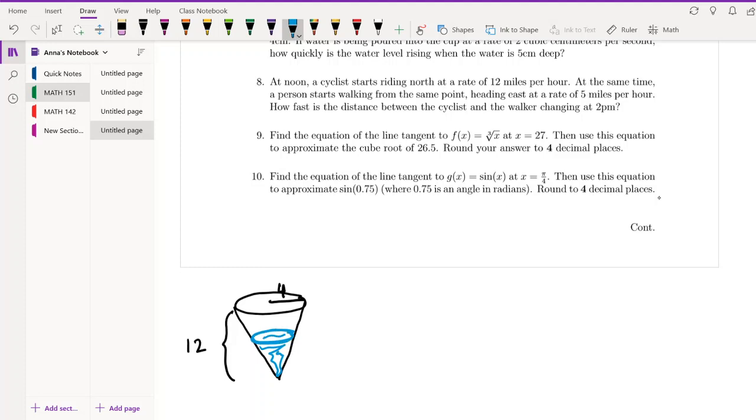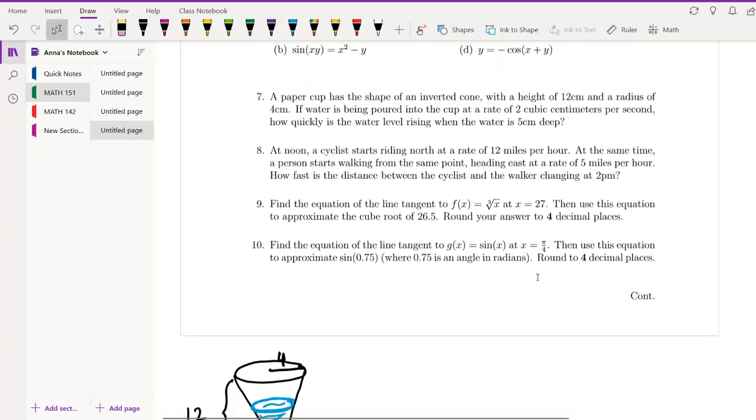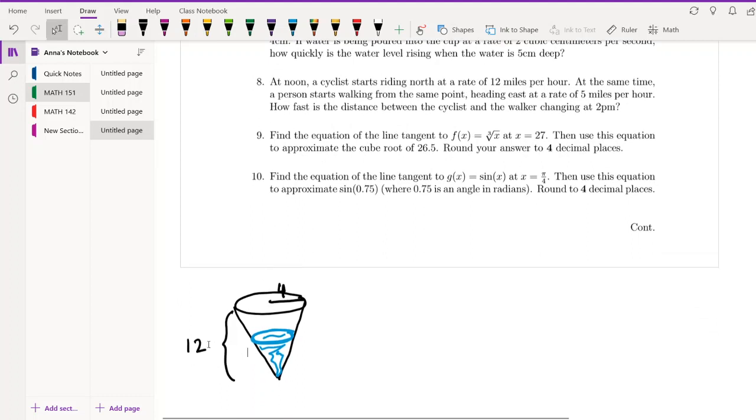Okay, so next step that is a good one to take for related rates problems is basically choosing variables for the quantities that are changing. So we want to think about what's going on in this problem and what is it that is changing. So first thing to point out is that the size of the cup is not changing, right? It's not like a problem about a cup that's growing. What's changing is the amount of water in here.